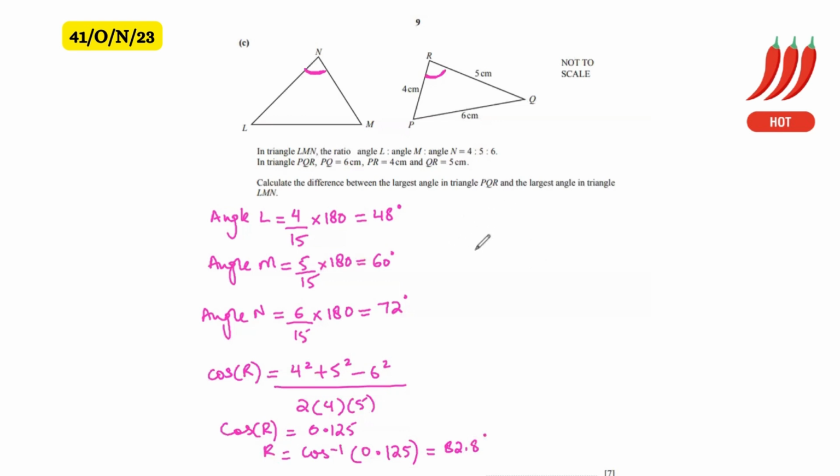So now the difference is going to be 82.8 minus 72, which is 10.8 degrees. That is the difference between both the angles.